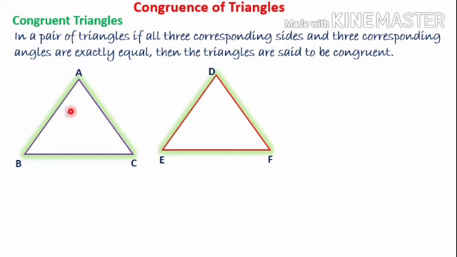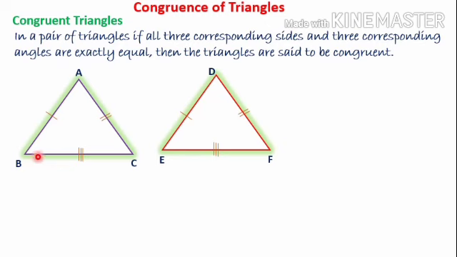So for these two triangles to be congruent, their corresponding sides and corresponding angles must be equal. First, let us consider the sides. AB must be equal to DE, AC must be equal to DF, and BC must be equal to EF.